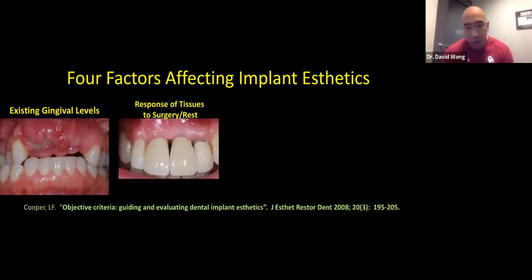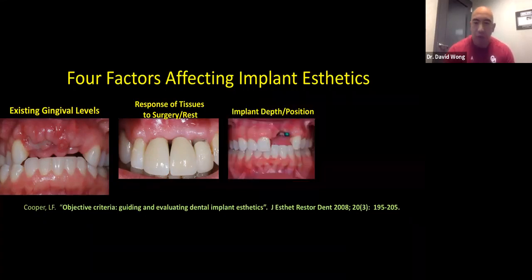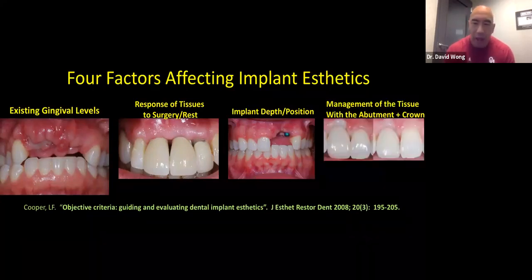Number 2 is how the patient's tissues respond to our surgery and our prosthetic procedures. Sometimes they don't respond like we want them to. 3rd is going to be in our control, which is implant depth and position, where we place the implant. And then lastly, it's how we manage the soft tissue with the abutment and the crown. So those are the 4 main factors affecting implant aesthetics, and we'll talk about those.